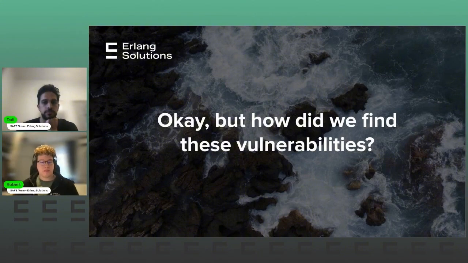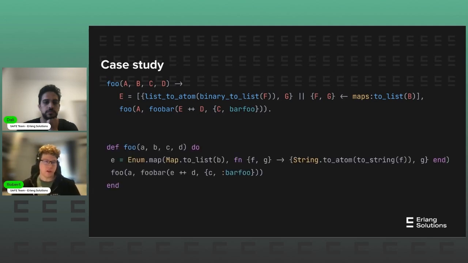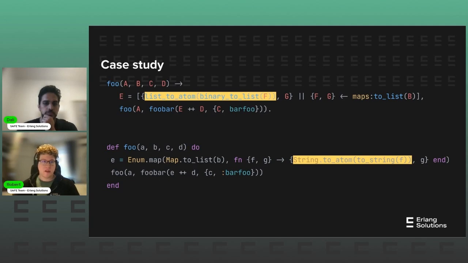All right, but how does Safe find these vulnerabilities and how can it eliminate the false positives? We have a case study, this source code. This is actually from a popular open source project, but of course the function names and the variable names have been changed. And here is the version that's been rewritten into Elixir. Here we have the string to atom or the list to atom call.